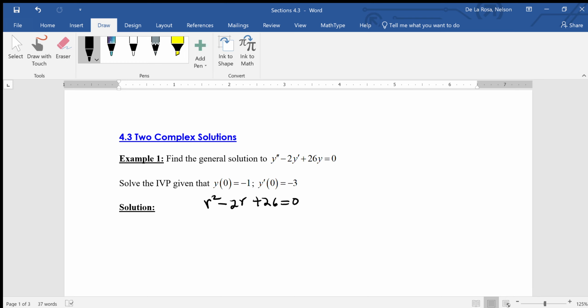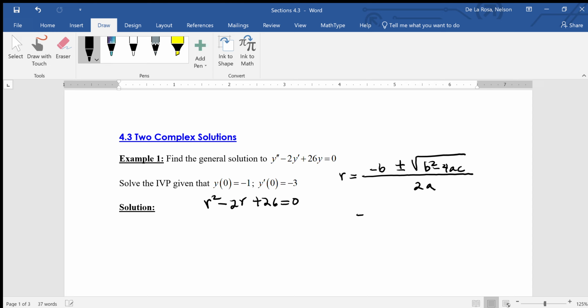So we need to use the quadratic formula, which is negative b plus or minus square root of b squared minus 4ac divided by 2a.